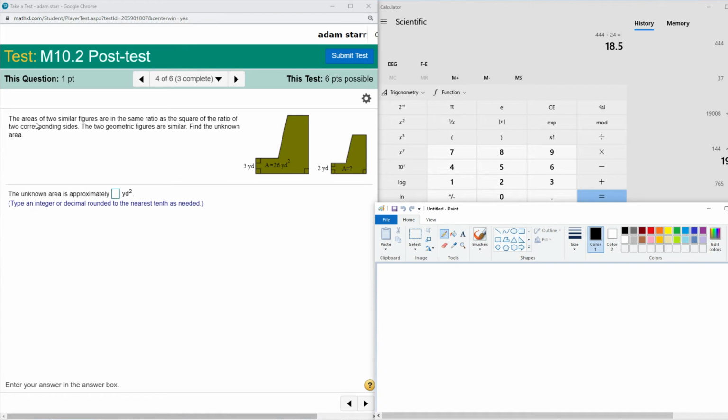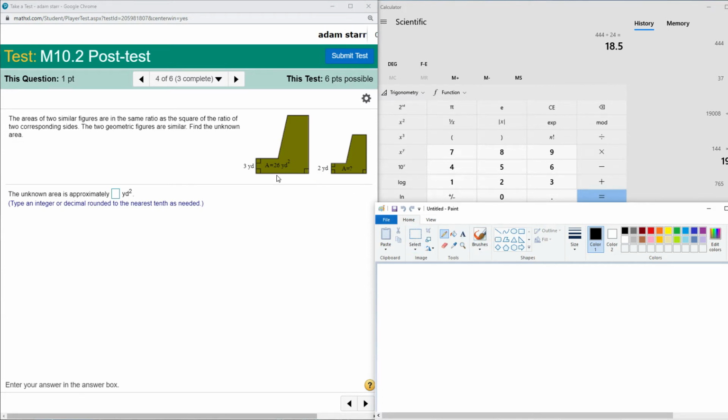Okay, the areas of two similar figures are in the same ratio as the square of the ratio of the two corresponding sides. The two figures are similar, find the unknown area. Okay, so this time it's saying the ratio is the square of the sides. So we're going to have to square the sides.